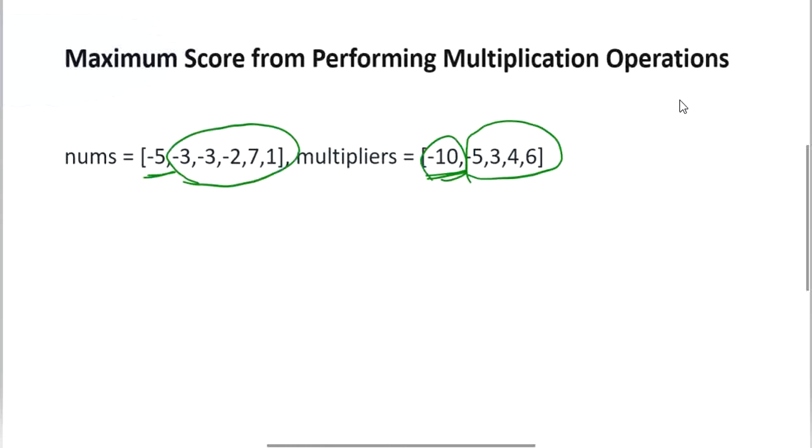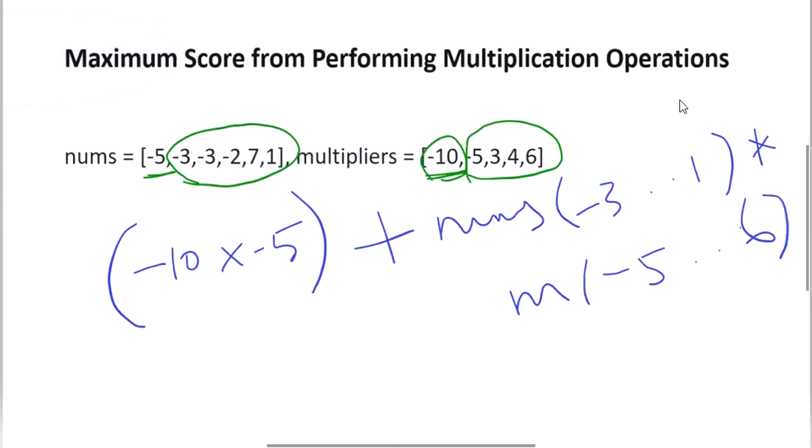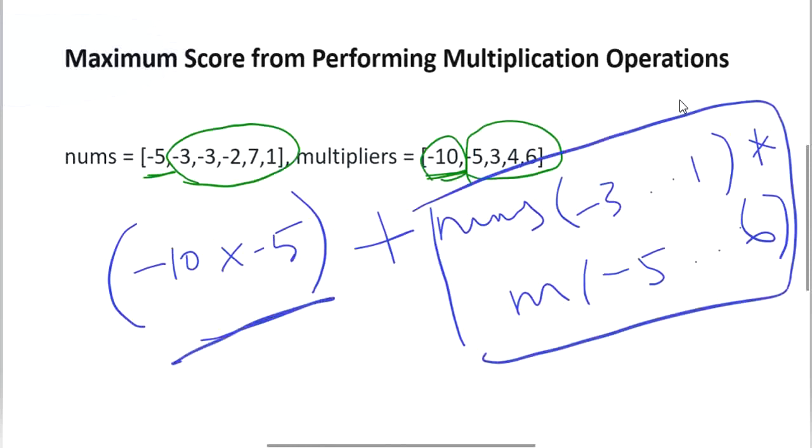For example, if we are considering -10 and -5 from the arrays, this is our particular value, along with that, the rest of the values in nums, that is from -3 to 1, into the rest of the values at multipliers, that is -5 to 6, is going to perform the operation and add it with the result. If not, we are going to consider -10 and 1.